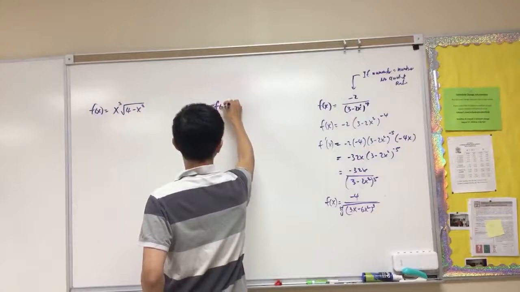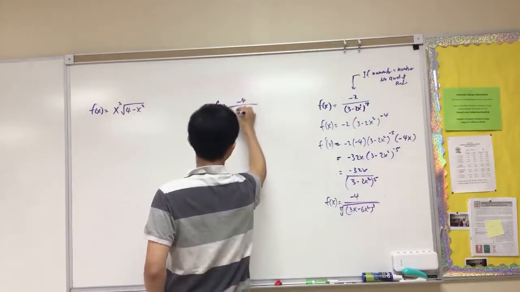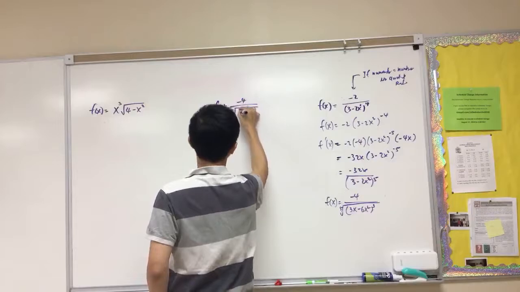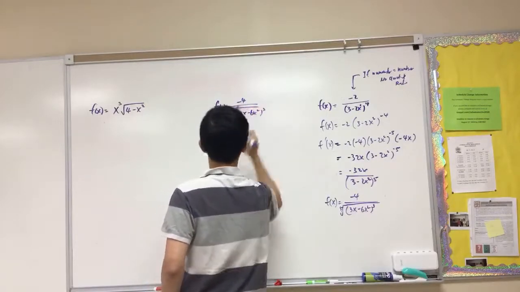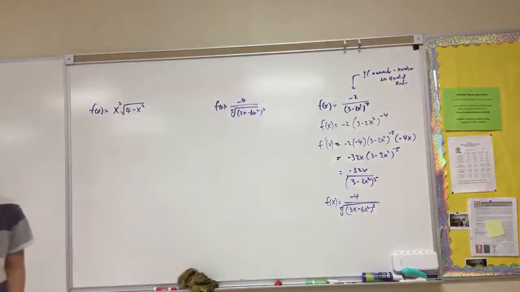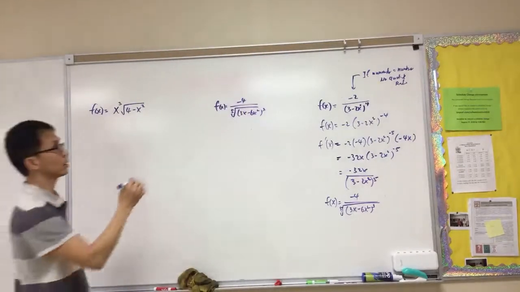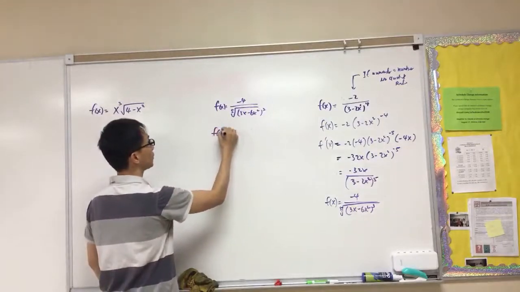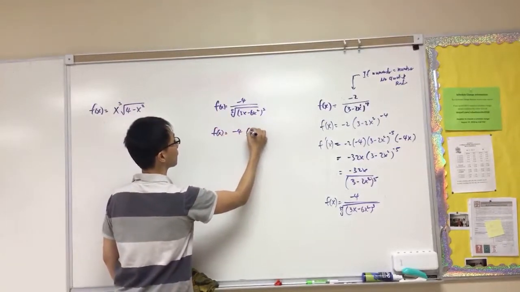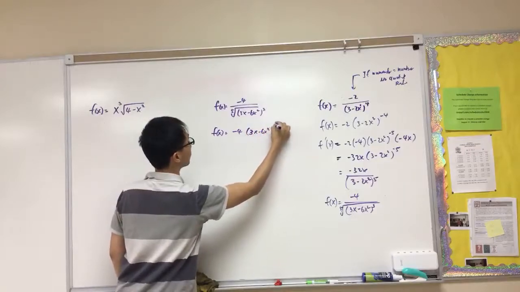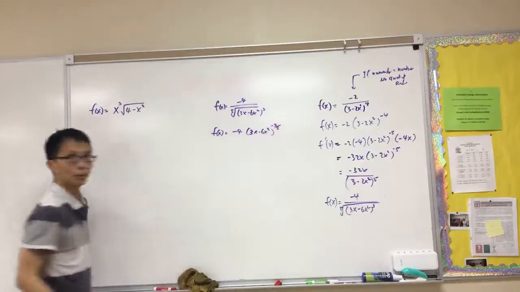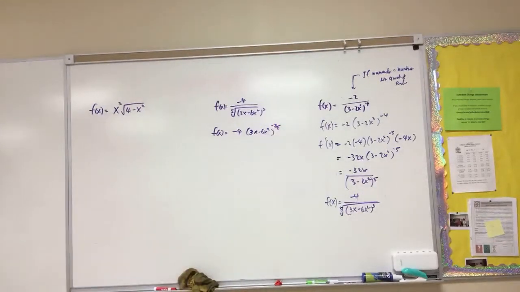I will write that function: -4 over the 5th root of 3x minus 6x squared to the 3rd power. Did you rewrite it? Did you get to this part?